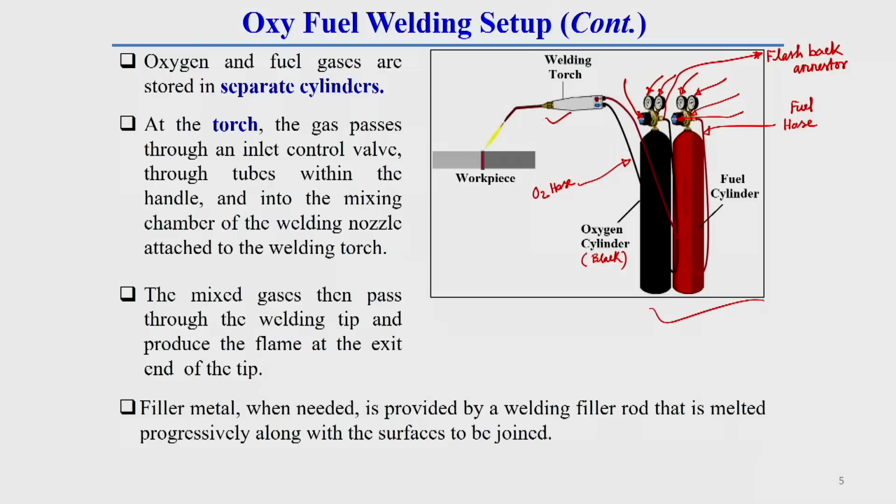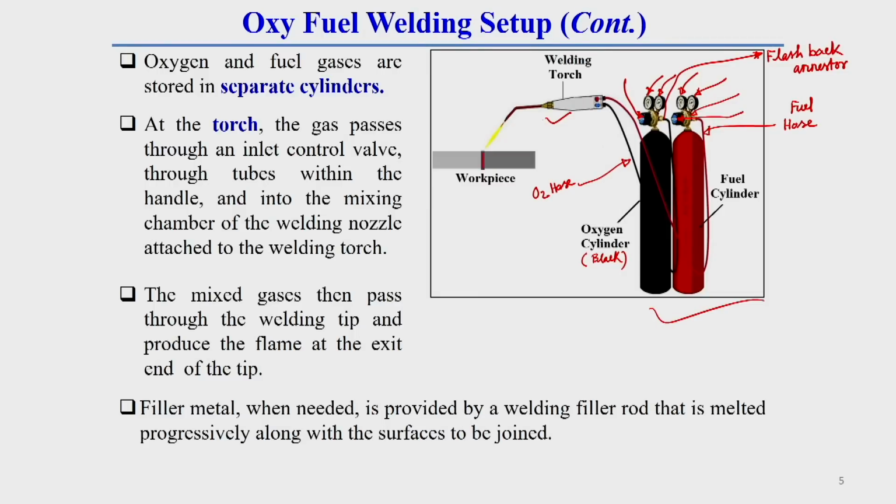The flashback arrestor does not allow backflow of gases. Backflow of gases means what happens? It arrests the accident. If there is a chance of backflow of the gases, there can be a chance of bursting, an accident with the cylinder.